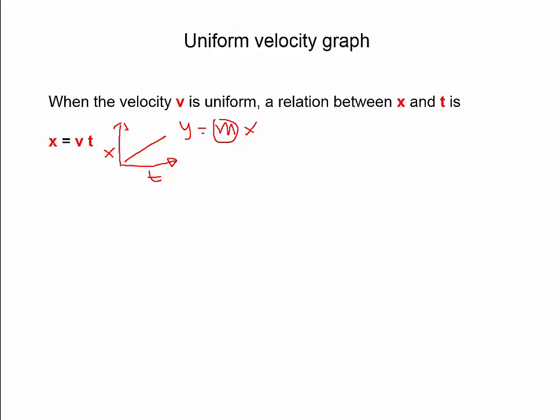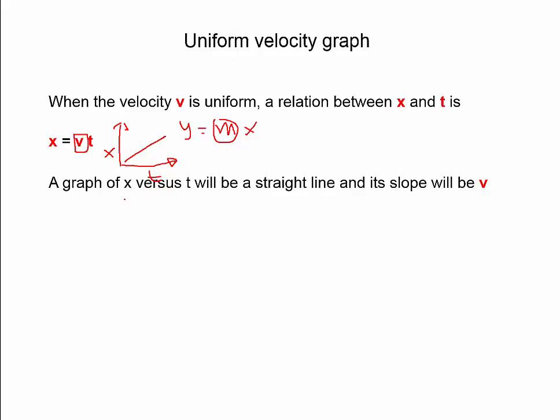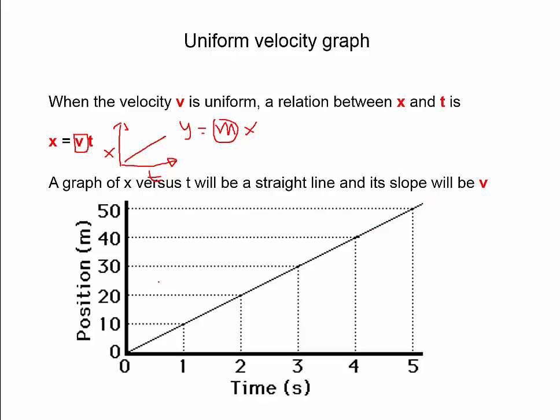So in the case of x equal to vt, if you do a graph of x on the vertical axis and time t on the horizontal axis, its slope will be v, the uniform velocity. All right, so a graph of x versus t will be a straight line and its slope will be v. That's what I have depicted there.